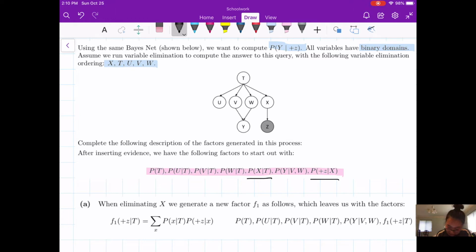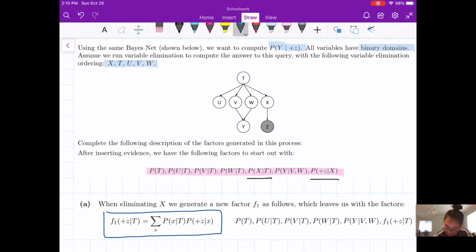So that is how we get this expression right here. Cool. So then now we have the factor probability of positive z given t, because we multiply these two together, which will give us the different values, and then we sum over them and eliminate the actual x.